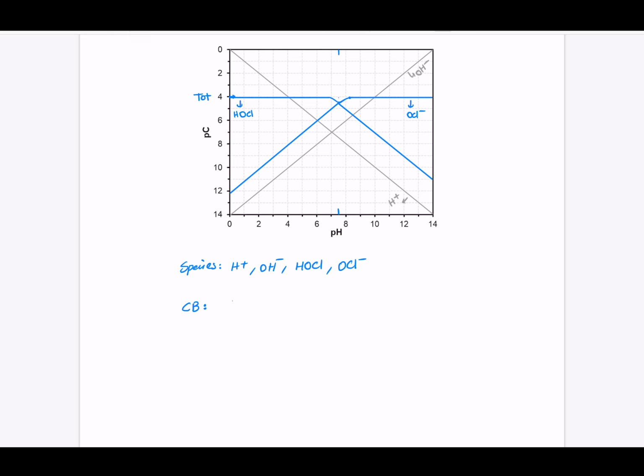Similar to the previous case, the charge balance is basically H plus is equal to OH minus plus OCl minus.